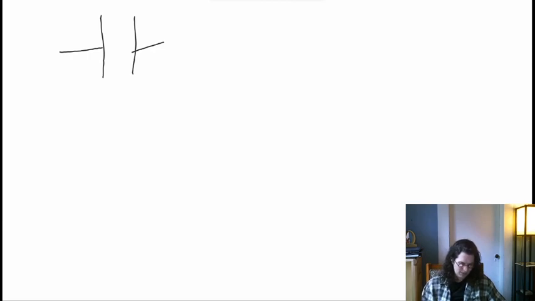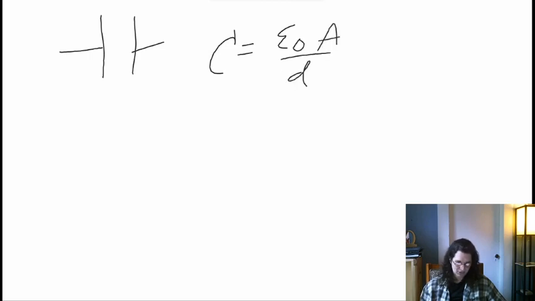So for a parallel plate capacitor, such as the one that I've drawn here, the capacitance is, not 4 pi, hold on, let me take this one more time. The capacitance is epsilon naught times the area over the plate separation, d.